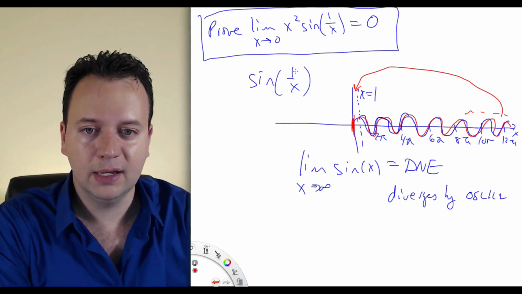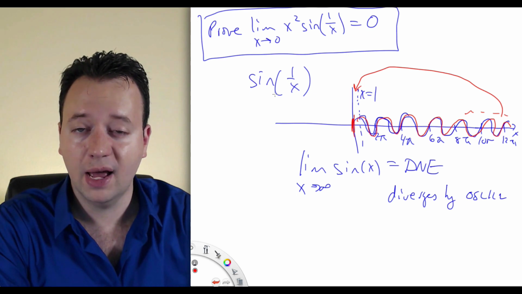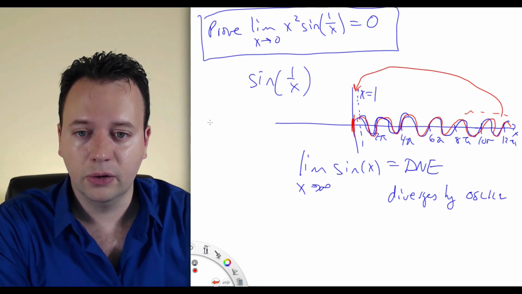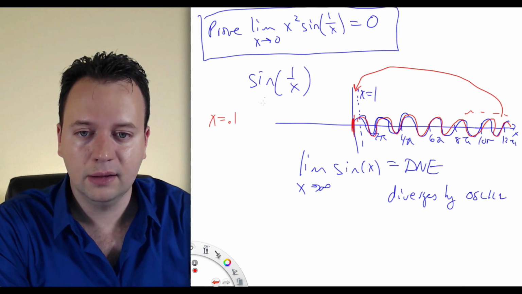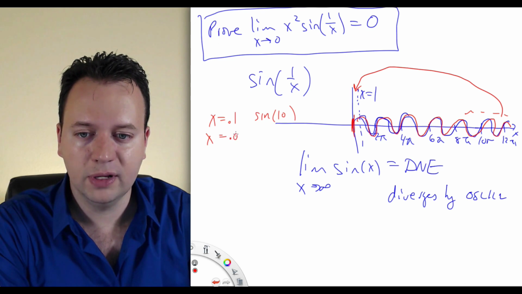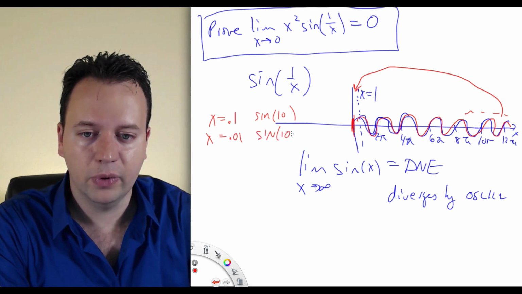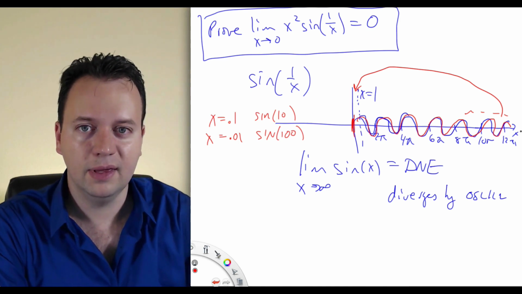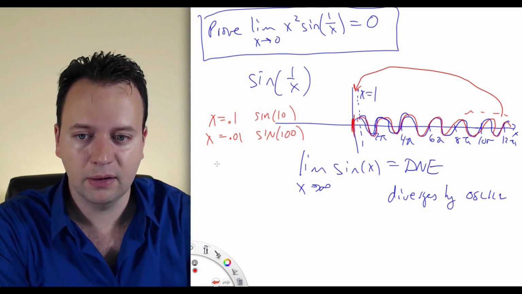And the reason is because if you look at sine of 1 over x when x is equal to 0.1, that will give you sine of 10. Right? When x is equal to 0.01, this is sine of 100. So we go from 10 to 100 for the argument of sine.